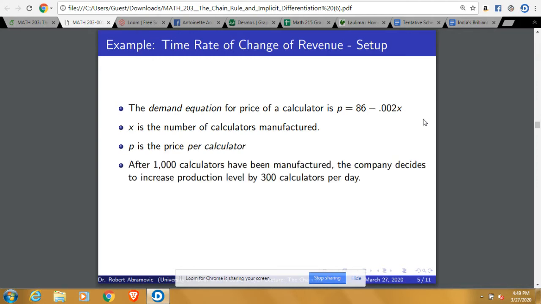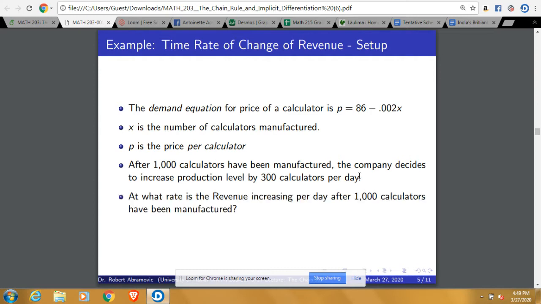After 1,000 calculators have been manufactured, let's say the company decides to increase the production level by 300 calculators per day. We can ask ourselves, at what rate is the revenue increasing per day after 1,000 calculators have been manufactured? So what this is saying is that after 1,000 calculators have been manufactured, when x is 1,000, the derivative dx/dt is equal to 300.